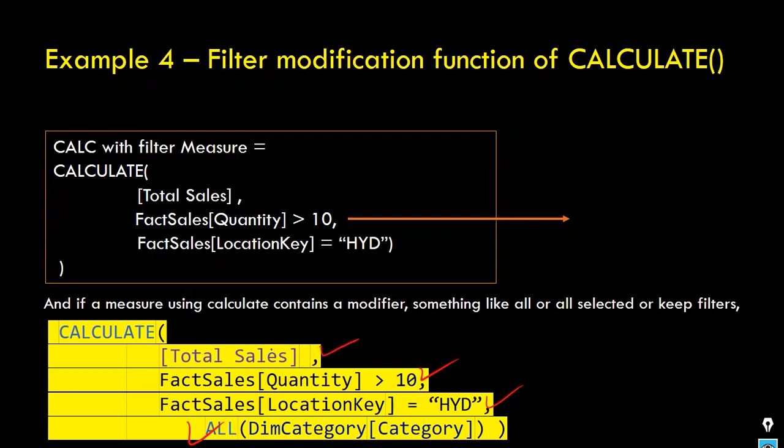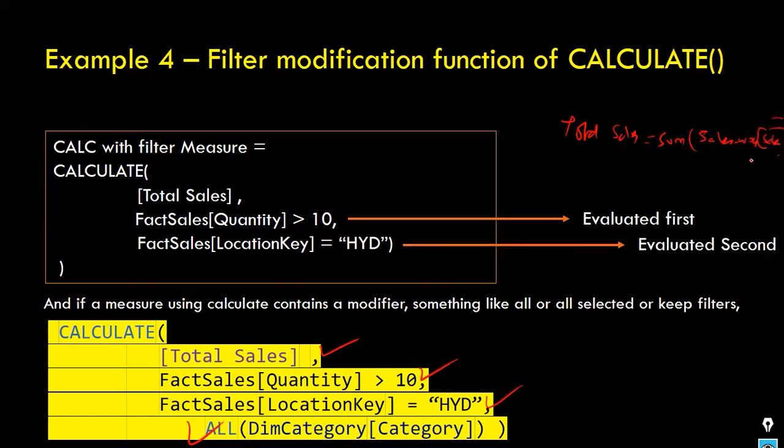And as usual, this is mandatory. You need to specify the first argument; this expression is very important. In this case, I've used total sales. Total sales is a measure. Once you create a measure, you can reuse it. Already I've created a measure by the name of total sales, in which I have used sum of the sales column.